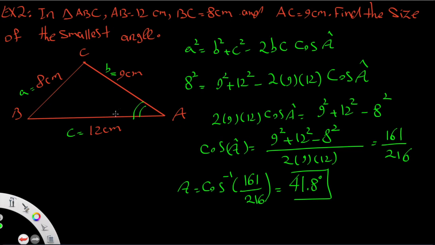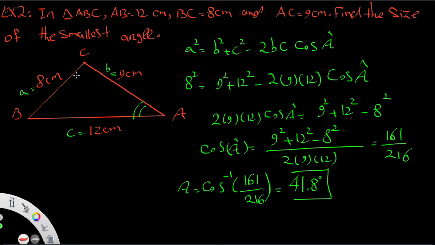Some students frequently ask where we can use sine rule and where we can use cosine rule, and whether it is possible for such questions to implement sine rule or not. Now, the answer to this question: whenever in a triangle you have one angle and opposite side, for example, this side which is 9, opposite angle is known, or this side, opposite angle is known, or this side, opposite angle is known.